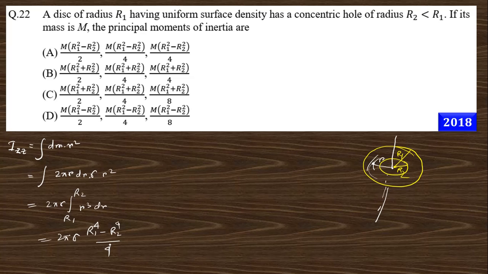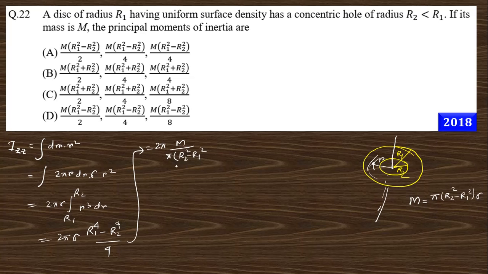And if you want to write down the mass, the mass is nothing but the surface area, pi into r1 square minus r2 square, into sigma. So if you want to write in terms of mass, you put the value of sigma, that is m by pi times r1 square minus r2 square.